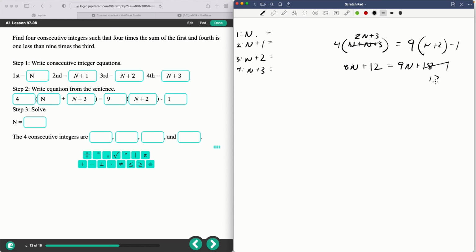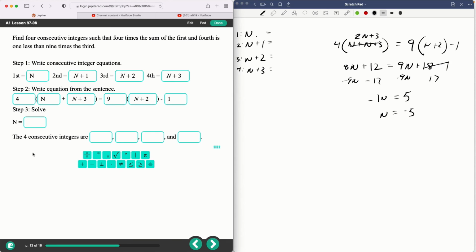That's going to be 17. So if I subtract 12 from both sides, I get 5 over here, and I subtract 9n from both sides, I get negative 1n over here.